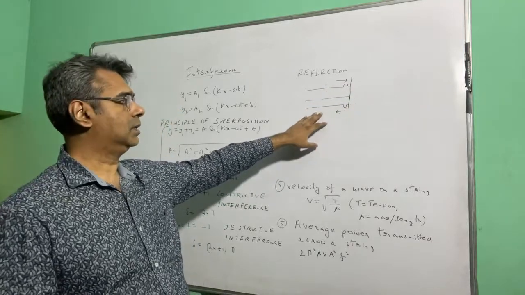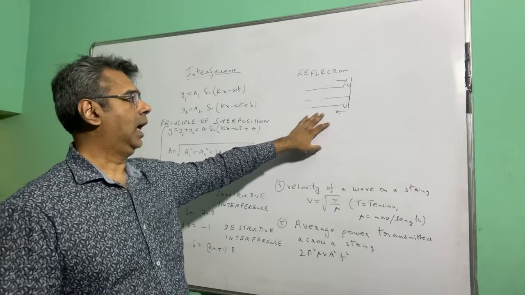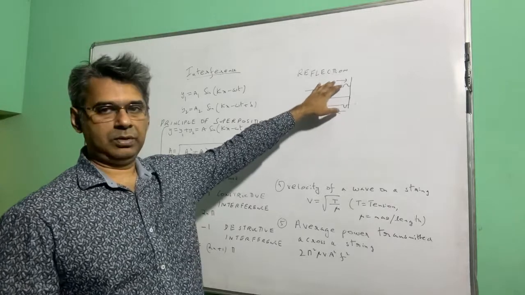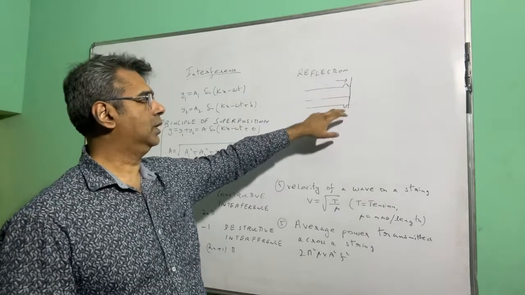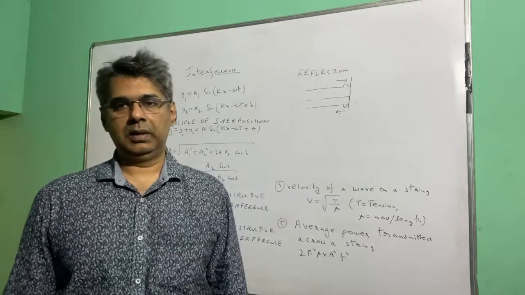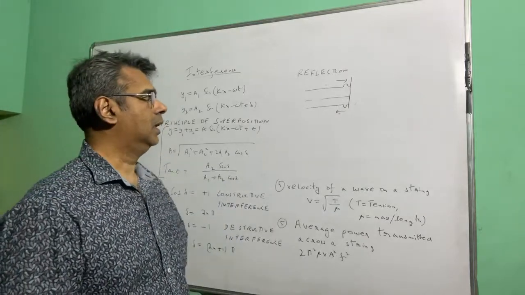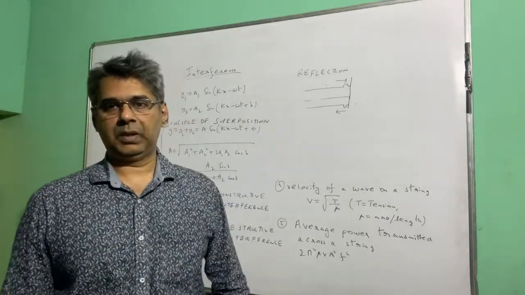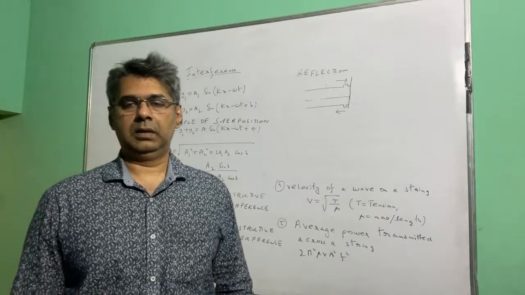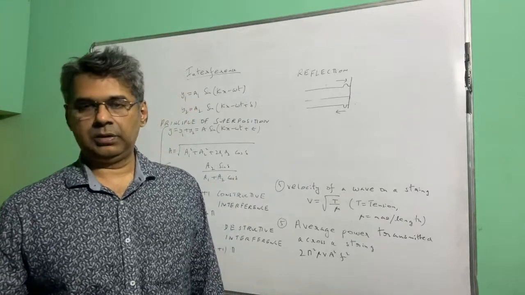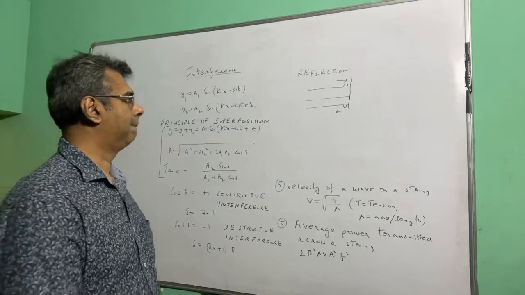The reflected pulse is going away from the wall, and this will be inverted with respect to the incident, so that the combination of both of them on the wall will give a zero displacement. That means in case of pulse or a wave, the reflected is inverted with respect to the incident.